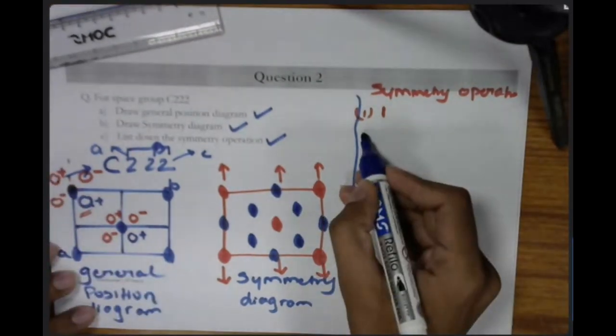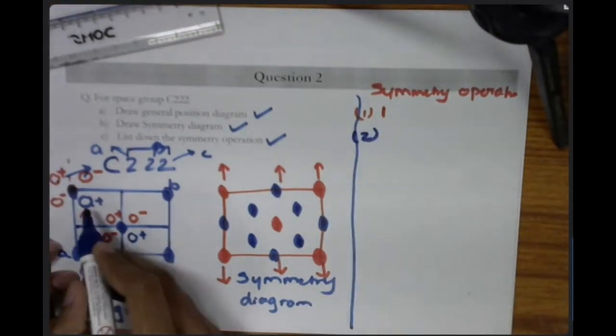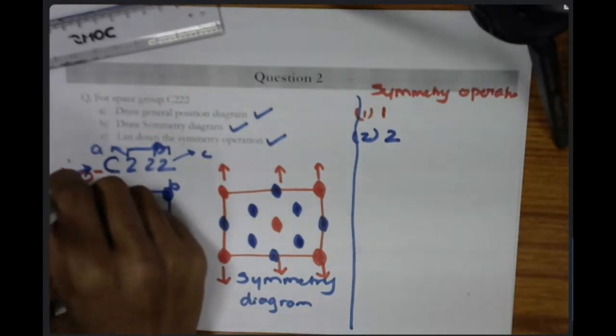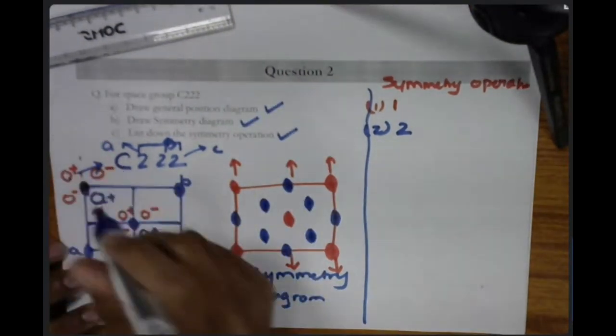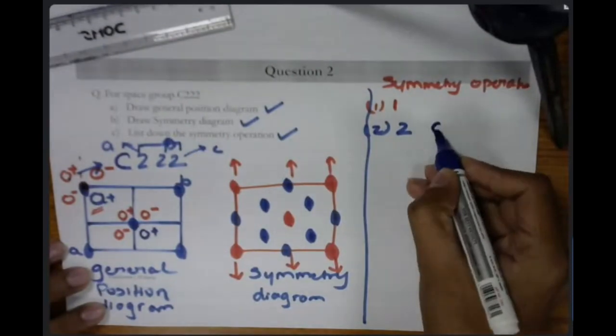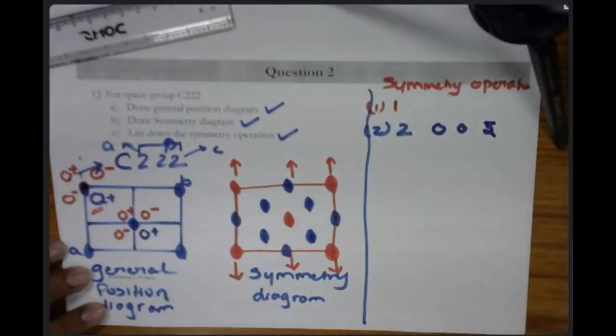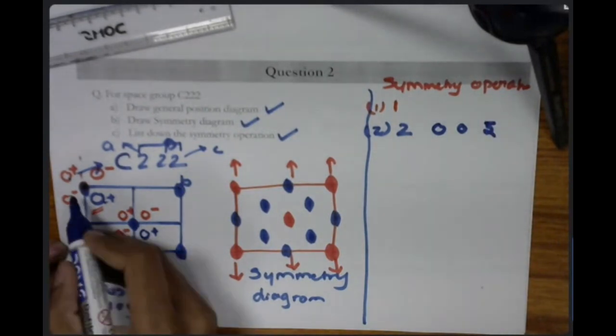Now let's try to write the symmetry equations corresponding to each of them. From here, we got to this particular point by a twofold rotation. But the rotation was about which axis? We know that it was about the z axis, right? So we can write them as 2, 0, 0, z. Right.